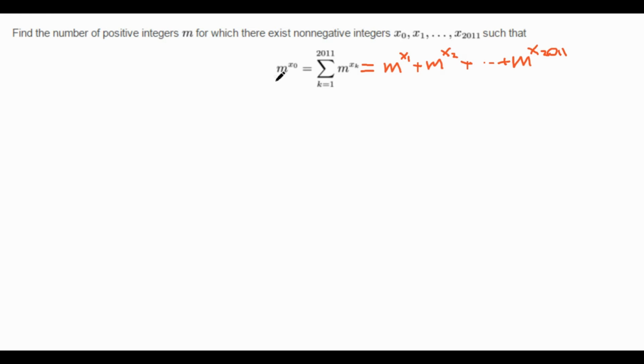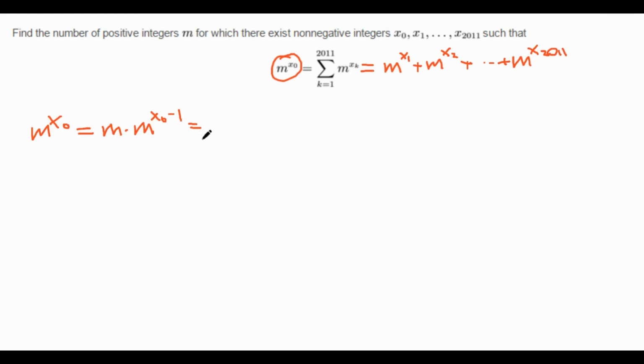So let's just investigate how to represent m to the power of x0 in terms of some number of powers of m. How can we represent this as the sum of some other number of powers of m? Well, the most basic thing we can do is to represent this as m times m to the power of x0 minus 1.